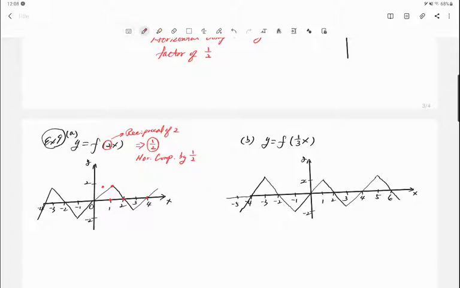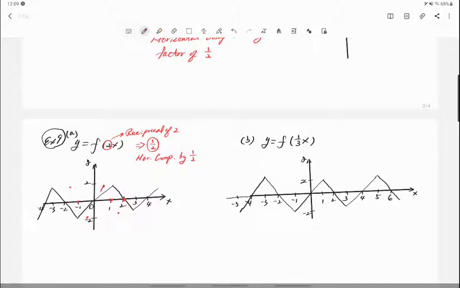So let me plot these points. This point becomes over here, and the new point for 2 is over here, and the new point for 4 is this one. This is 3, so it's got to be 1.5. Even this -1 becomes over here, -2 comes over here, and -3 becomes -1.5, something like this.